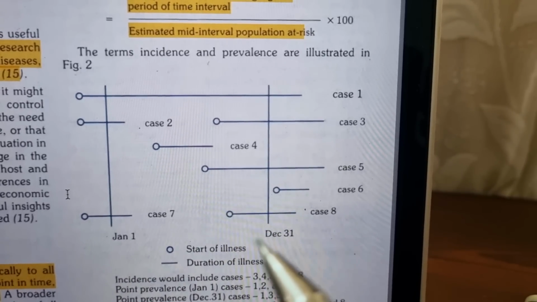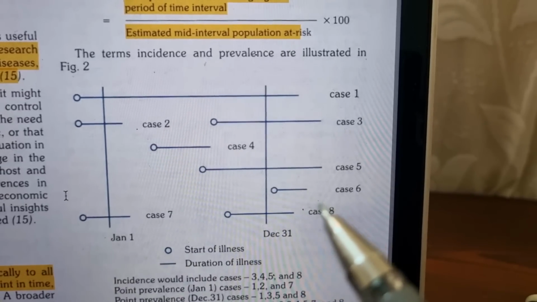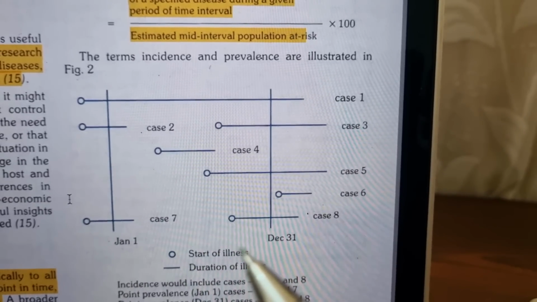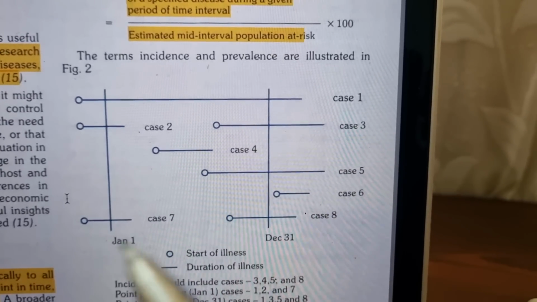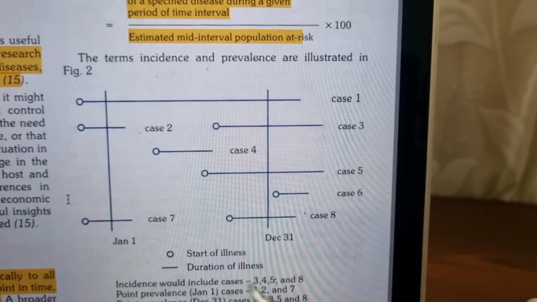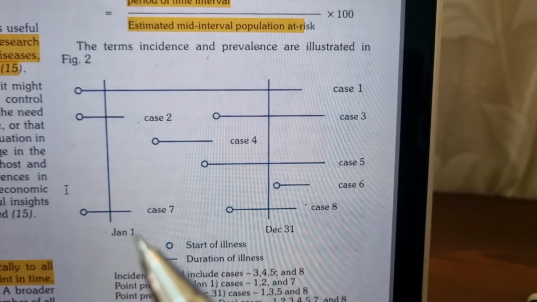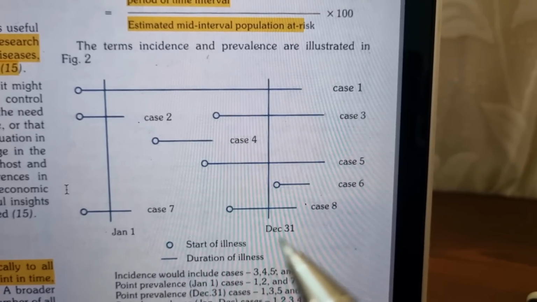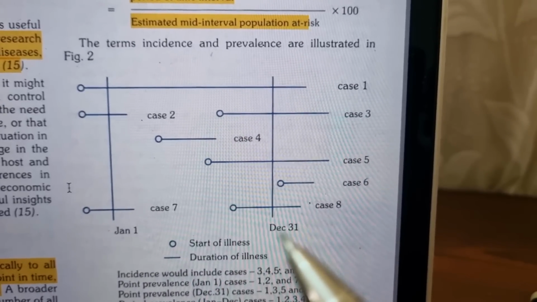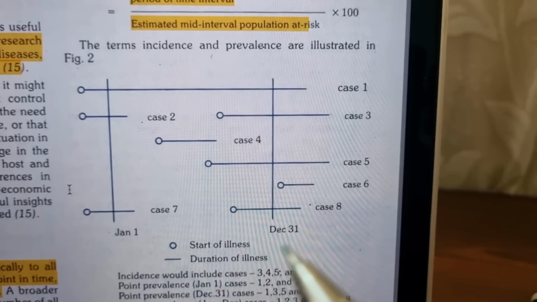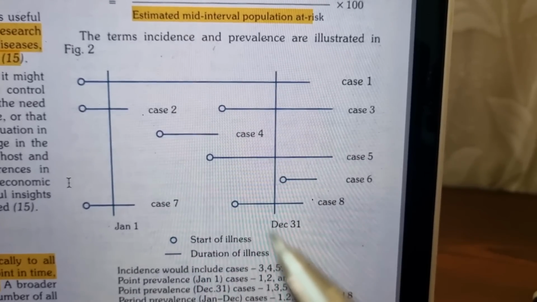Case 5 is also inside, but case 6 is outside December 31, not between these periods. So it is not included in the prevalence. Case 7 is also there, case 8 is also there. So that is period prevalence, the prevalence of a disease between January 1 and December 31. Between this period, that is a 1 year period, it is 7 out of 8.